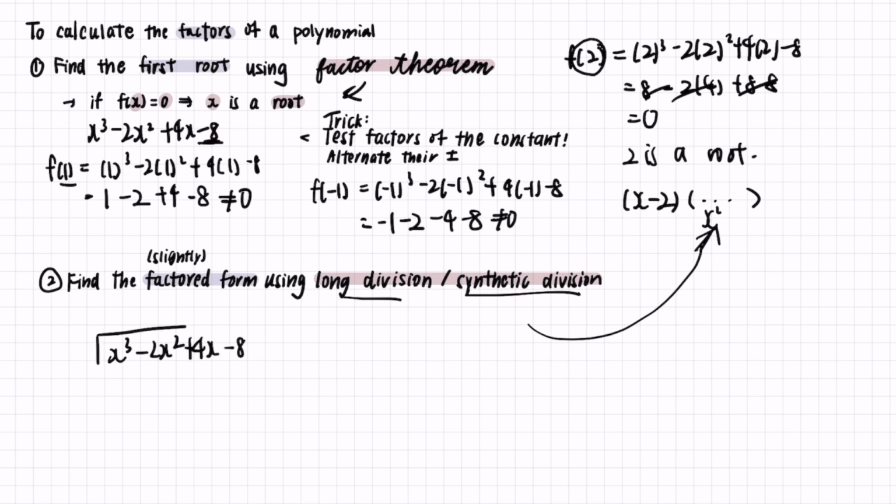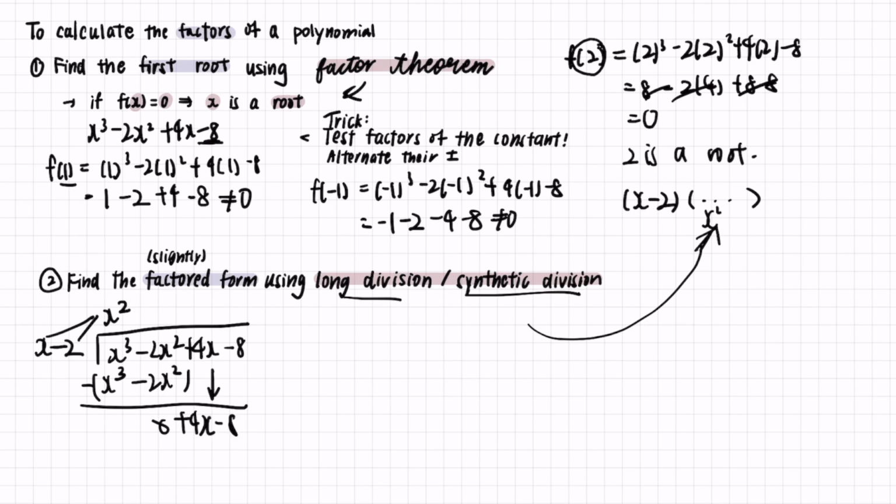Then write down the linear factor of the root that you just found, and then put x squared here, because when you multiply this it gives you x cubed minus 2x squared, and when you minus this you get 0. Then you copy this down, and then you do plus 4, because when you multiply it's minus 4x minus 8, and plus 8 means this is 0, so this will be x squared plus 4.